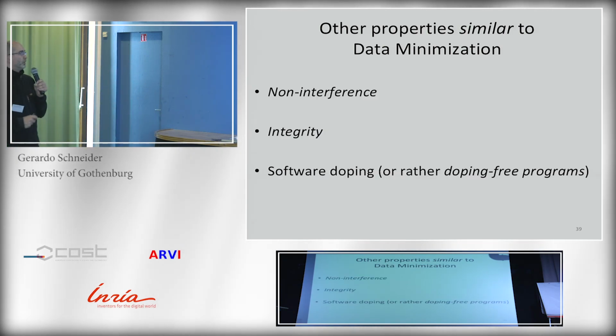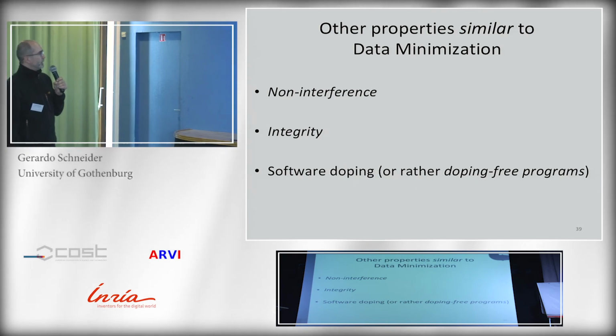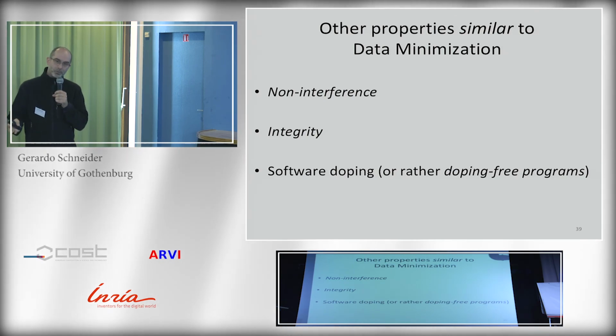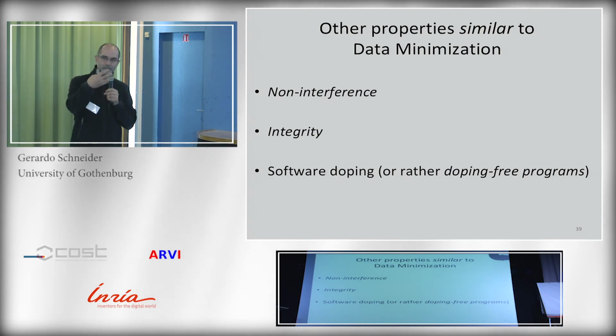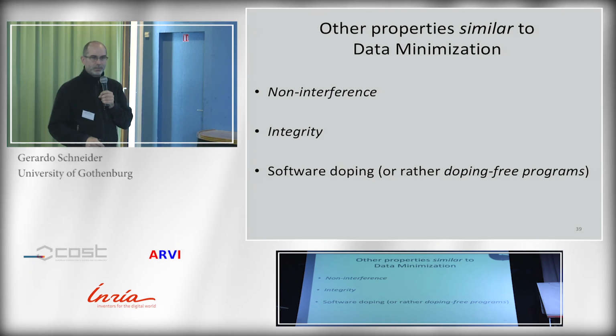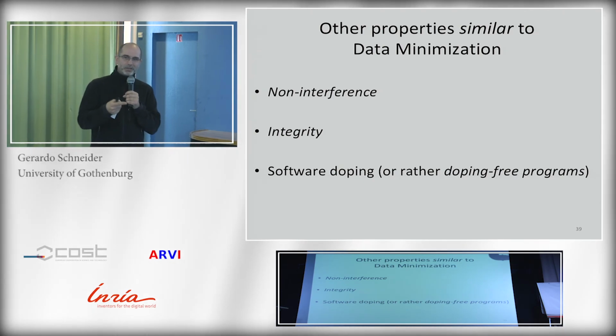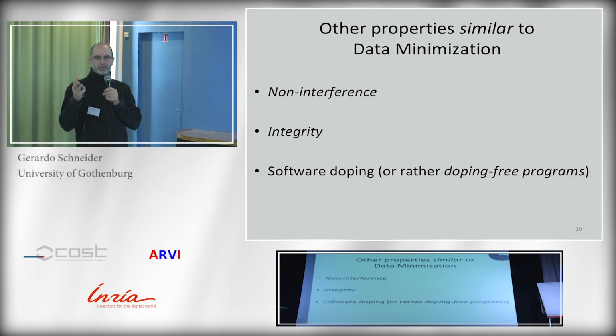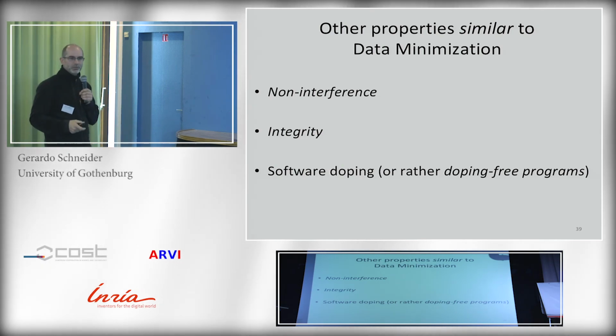For instance, non-interference, integrity, and software doping. I will say a few words about these three. There are more properties, but these are the ones that we have definitely studied and analyzed. But among the interesting security properties, we had difficulty finding one that has three quantifiers. They must exist, but we didn't find one.